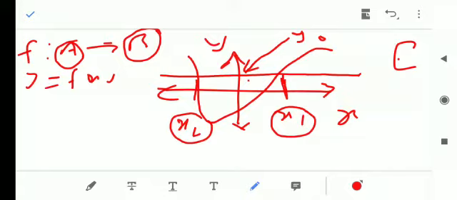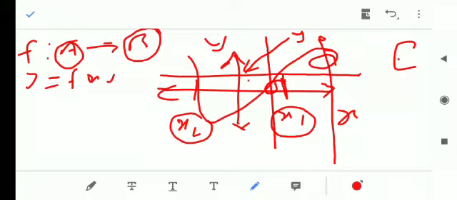And if we draw a line parallel to the y-axis and it intersects at more than one point, then it will not be a function. So in order to be a function, it is necessary that a line drawn parallel to the y-axis intersects the curve at only one point. Suppose we draw a line parallel to the y-axis here, it intersects this graph at only one point. If we draw another line, it also intersects at one point.